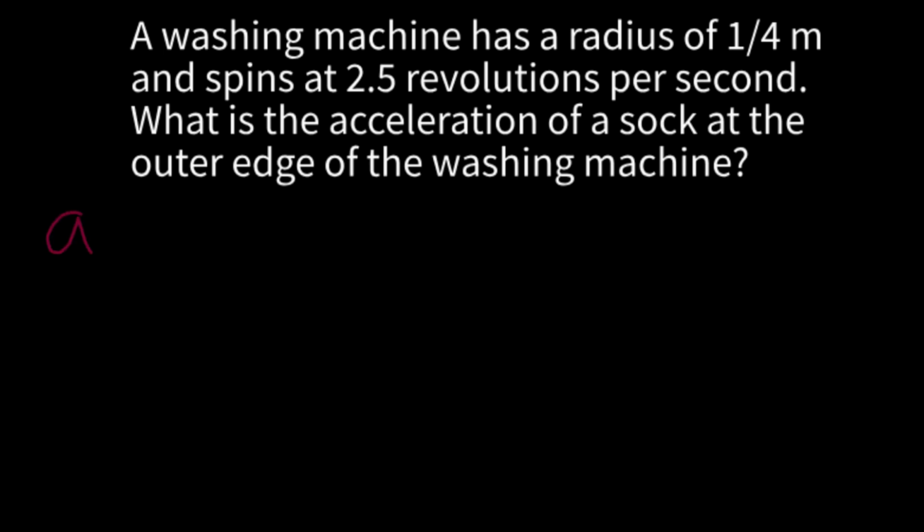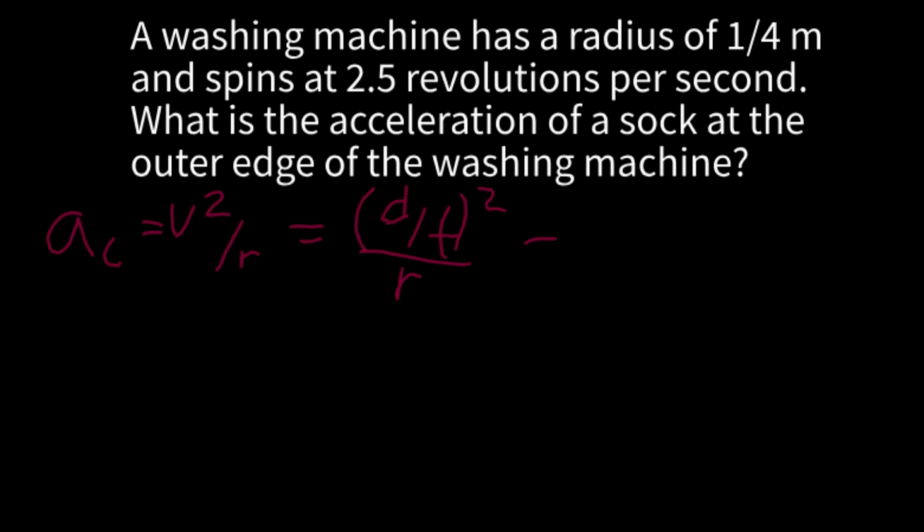So we'll have a sub c equals v squared divided by r. We know that velocity is just distance divided by time. So we'll have d divided by t, squared, divided by r. And what I'm trying to do is get this equation in terms of variables and numbers that we already have.